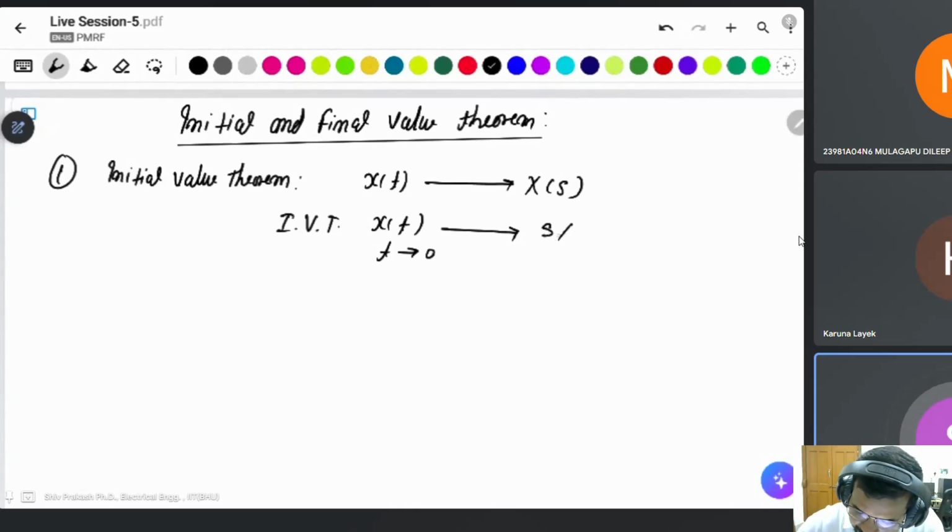Then s times X of s, s tends to infinity. This is the initial value, but it will apply only to causal systems.